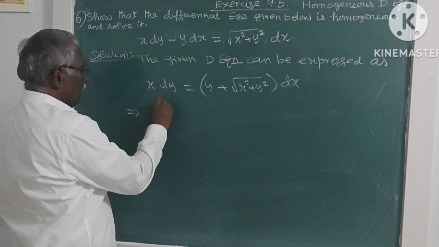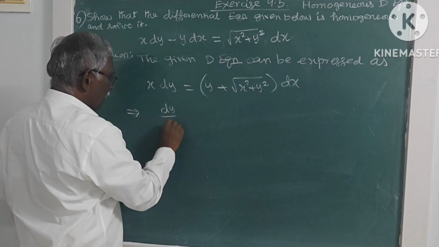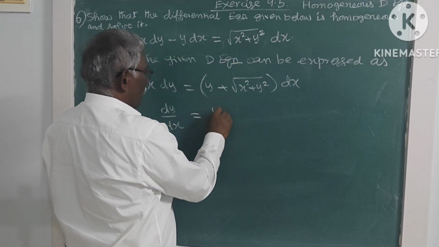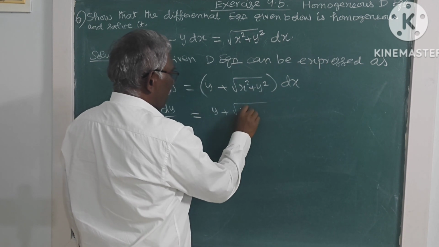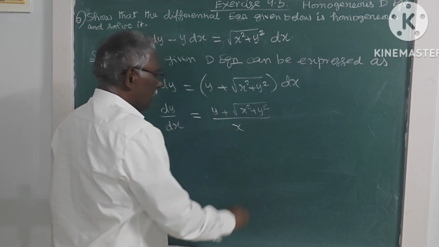Now bring dx to the left hand side, dy by dx is equal to y plus square root of x square plus y square by x.